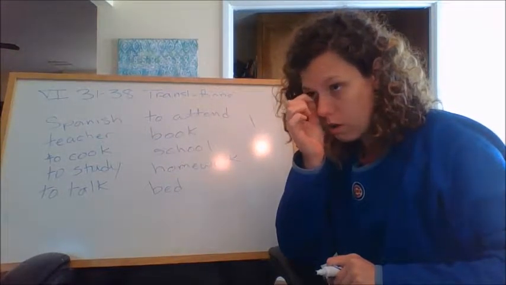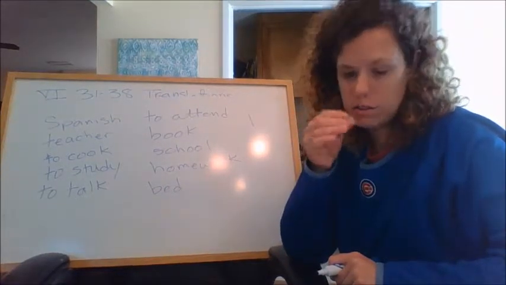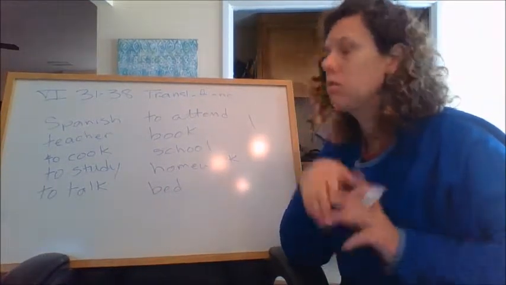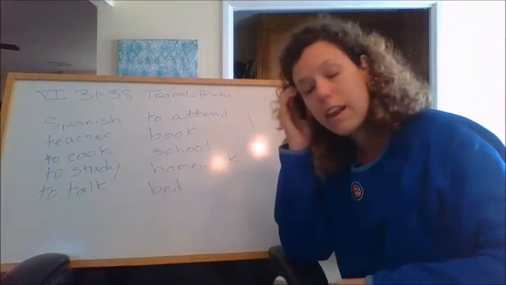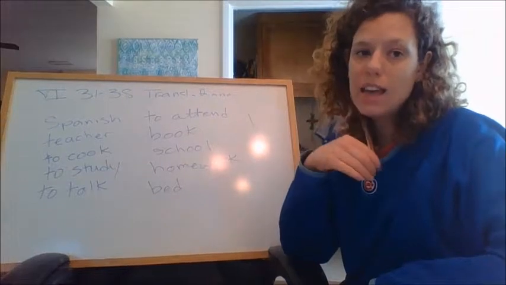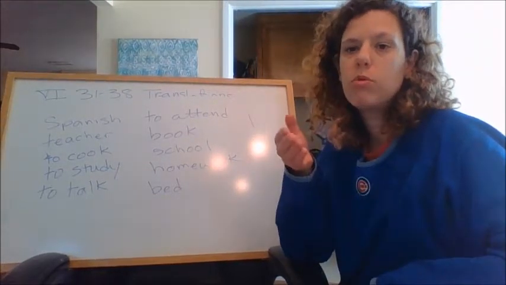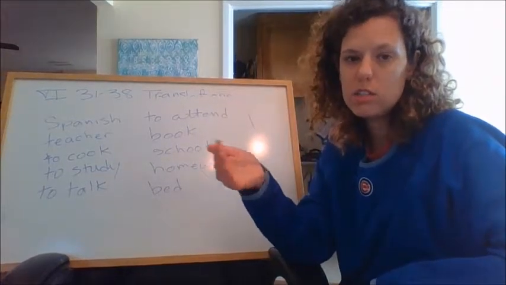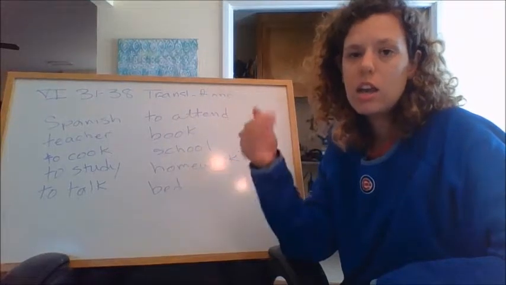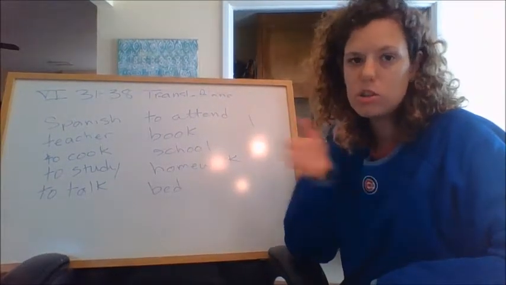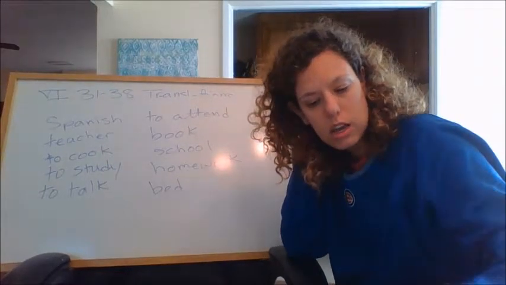You need to know what verb to eat is so that you can turn it into eaten. Okay? Something like we had said, you have to know that said comes from the verb to say, which is decir. So then you need to know how to turn decir into said, which is the past participle.